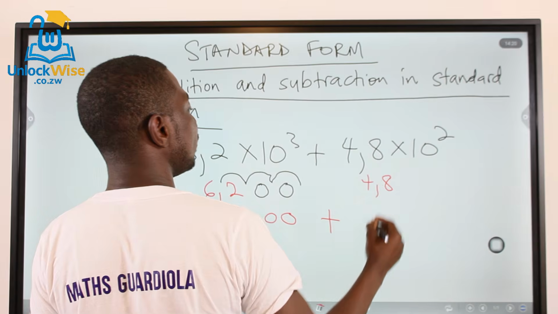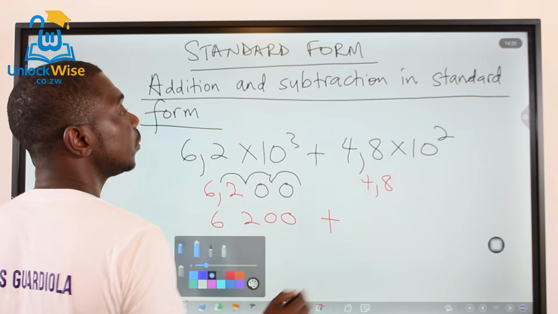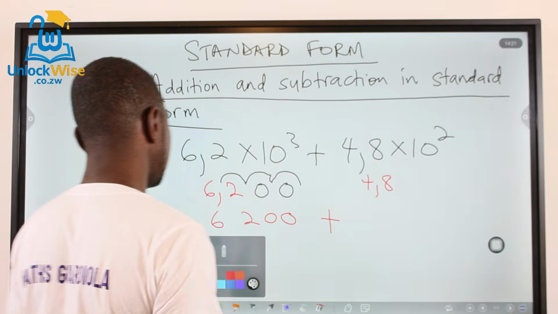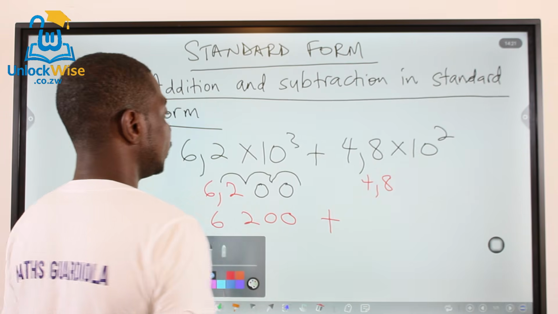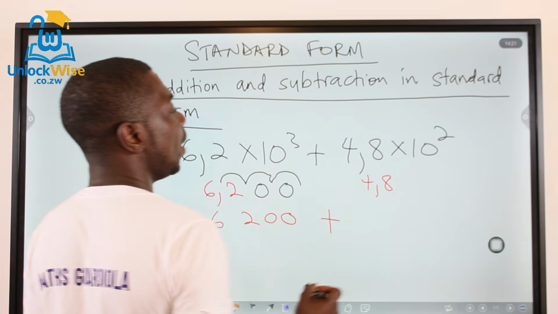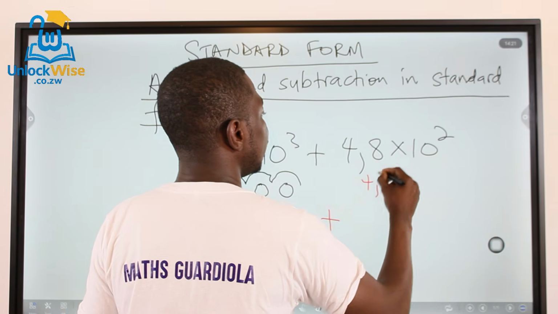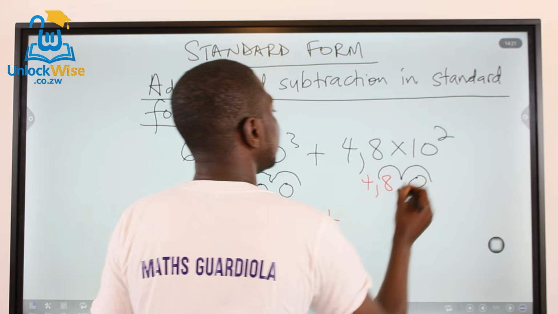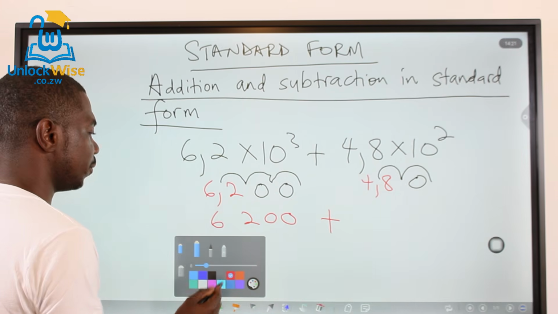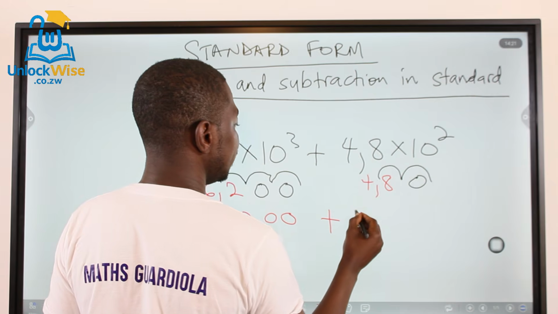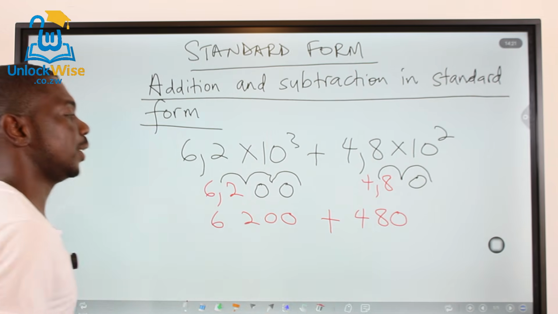And because we have 2, a positive one, as our power, we are going to move 2 positions to the right. 1, 2. And we'll put our 0 here. So it now means that we are going to have 6,200 plus 480.